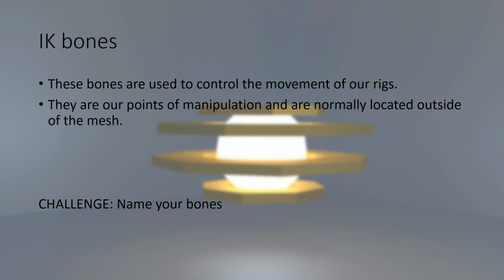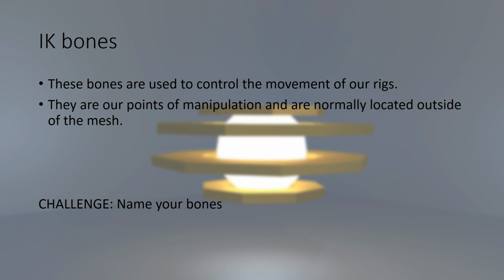Basically, the IK bones that we're going to be creating are going to be connected to the elbow, the knee, and the wrist and ankle. So those joints that I've just mentioned, we're going to create IK bones for those joints. And this is how we're going to create a rig that can move based on those joints.